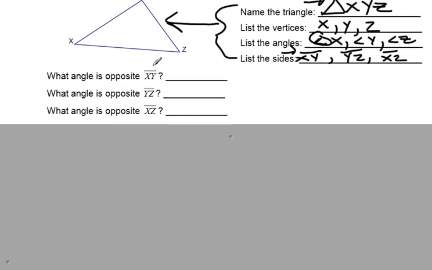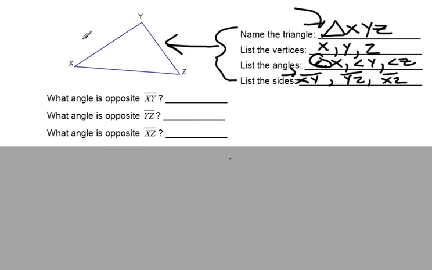Okay, opposites. When we're naming opposites, always highlight what we're referring to, and then imagine if you throw a ball across from it. That's what opposite means. It means across from. So the first one says, what angle is opposite XY? Here's XY.